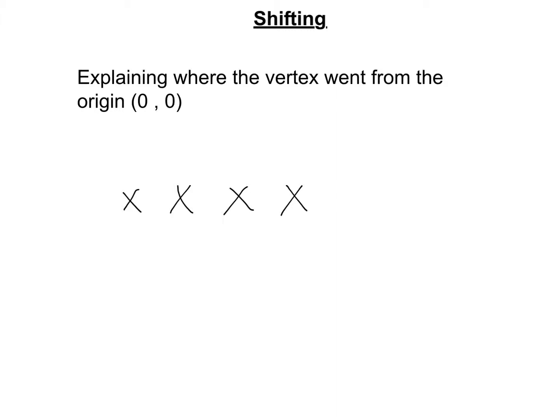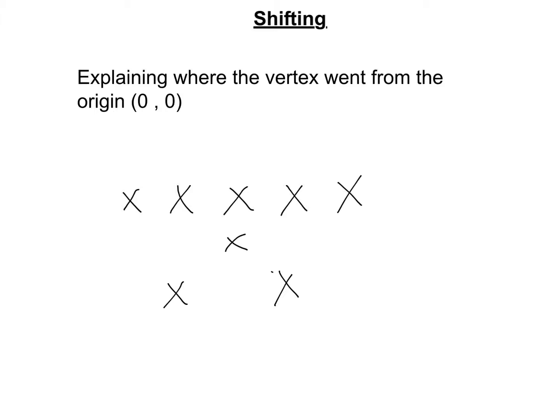So let's just say, in the game of football, we have these guys right here. Now again, let's pretend that the X's are people and not pieces of a function.